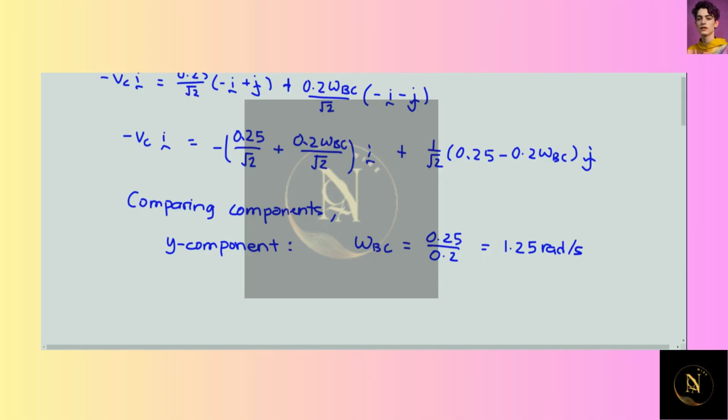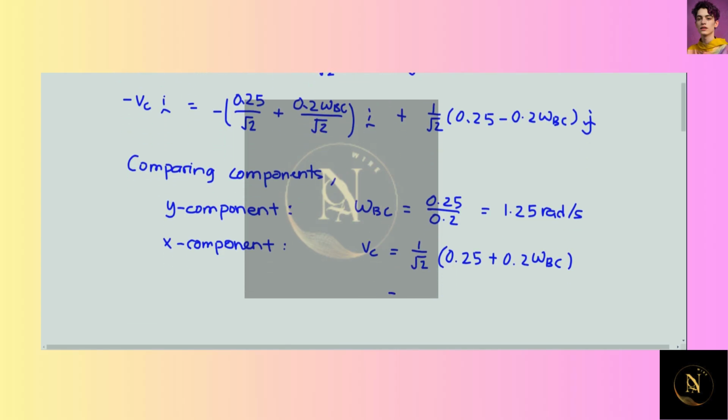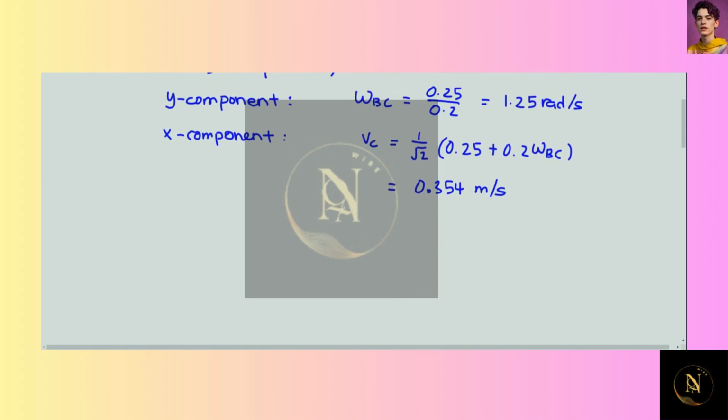And then for the x component, VC will just be 1 over root 2 times 0.25 plus 0.2 omega BC, which is 1.25 as obtained earlier. So this is 0.354 meters per second.